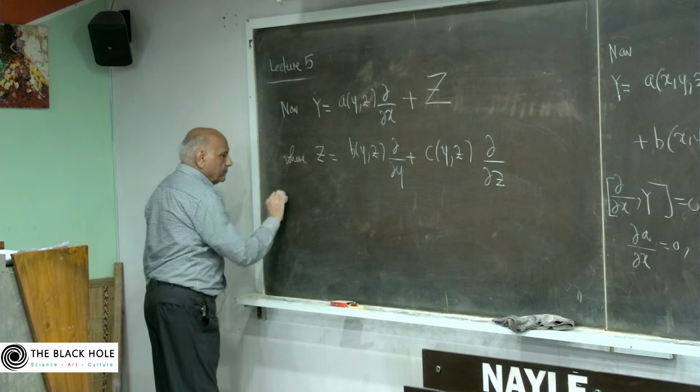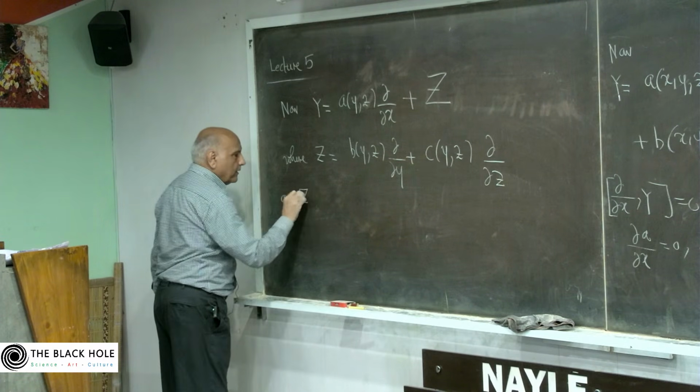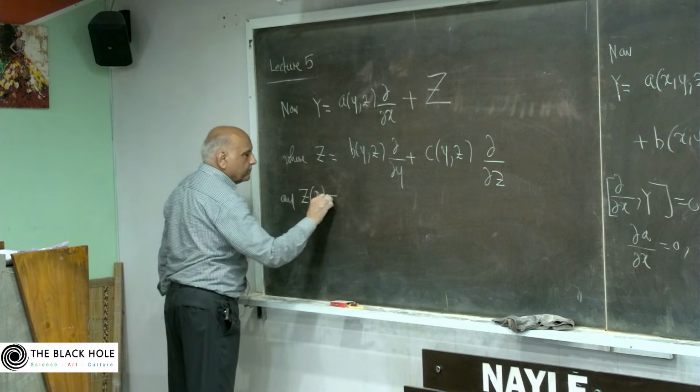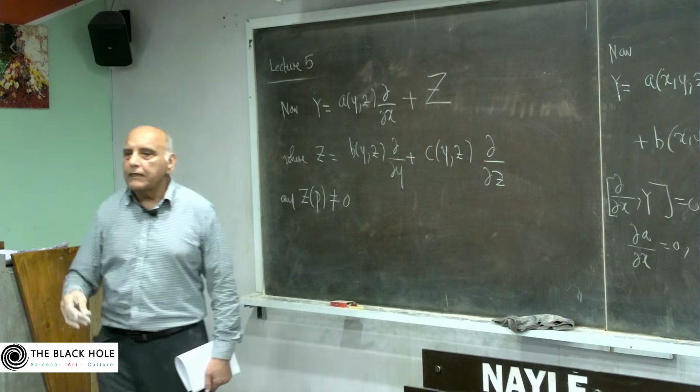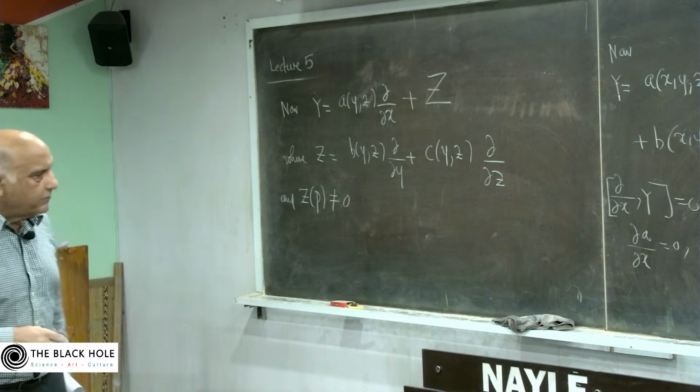And Zp is not equal to 0. Otherwise, the original vector field would be linearly dependent at that point.